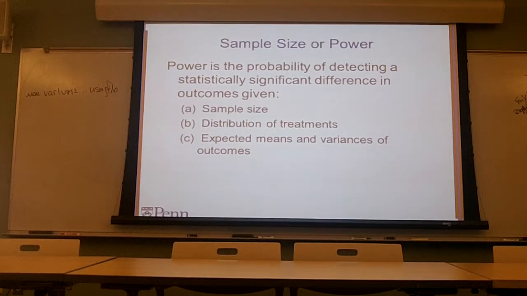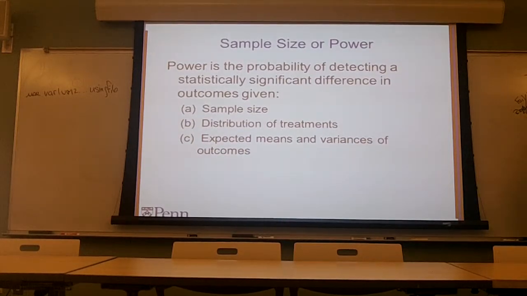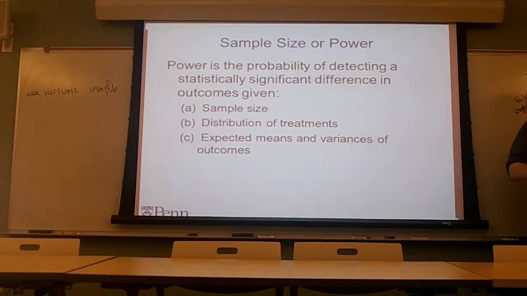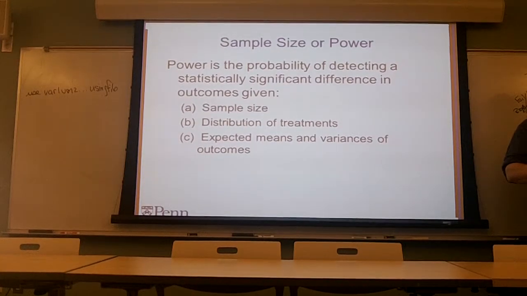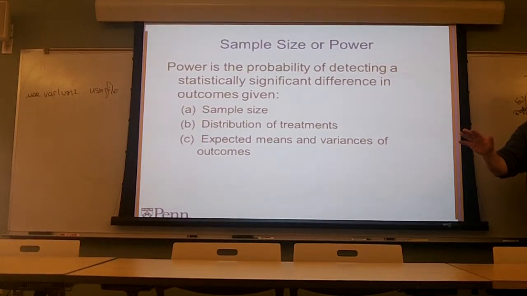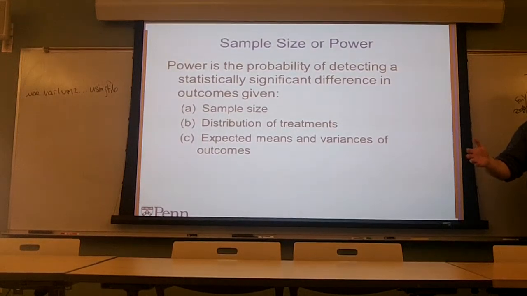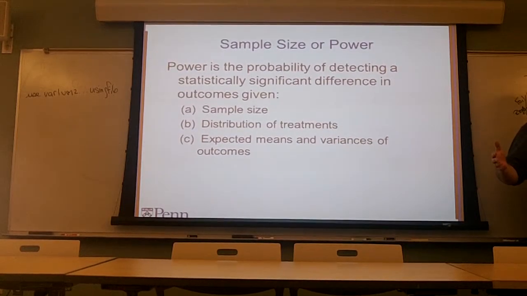And you're not unnecessarily exposing people to risk. If you underpower the study, that is, you have no shot in hell of rejecting the null hypothesis because you don't have enough people to find it, you've exposed people to something that doesn't work. Or conversely, if I have something that doesn't work as well, maybe you want to do a placebo-controlled study, you've unnecessarily undertreated a whole bunch of people.